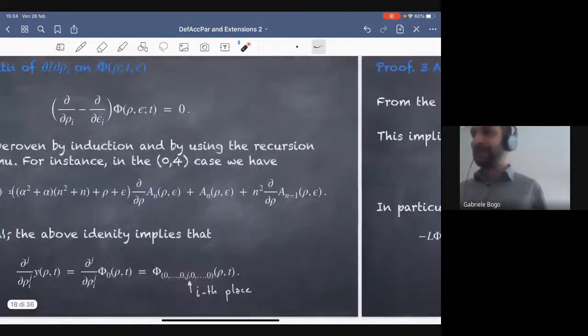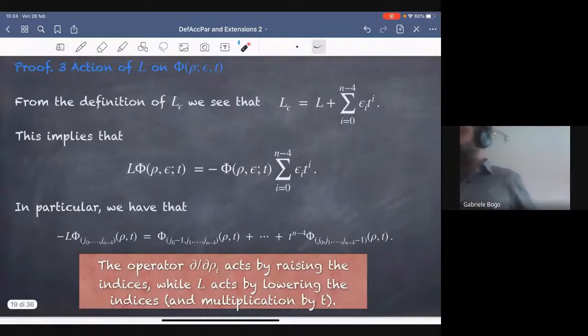On the other hand, we also have the action of the differential operator L epsilon on this function phi that I defined before, and you can prove that it acts in this way. What it does with the function for a given index is to lower the index by 1 each time you apply it, and then multiply it by some power of t.